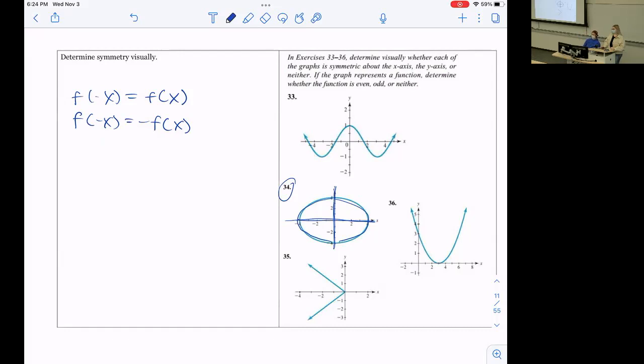It should be a mirror image on that line. And speaking to the odd and even functions, that's under the sticky note. If you have symmetry with respect to the y-axis, that's going to be an even function. But if you have symmetry with respect to the origin, that's going to be your odd function. All right, anything else on that page, or are we ready to move on?